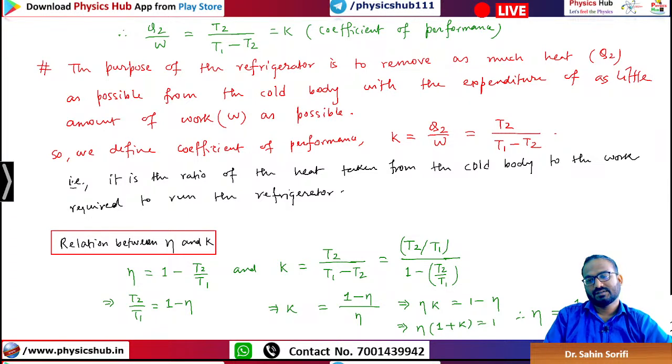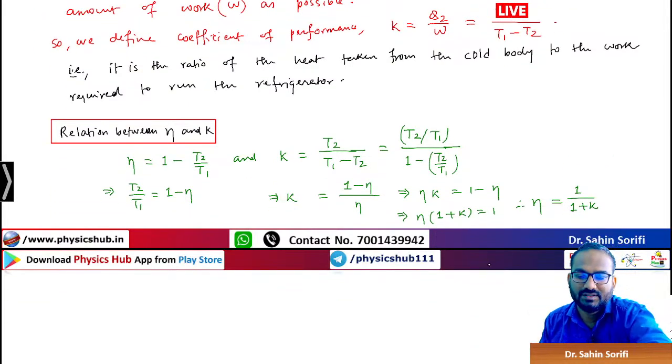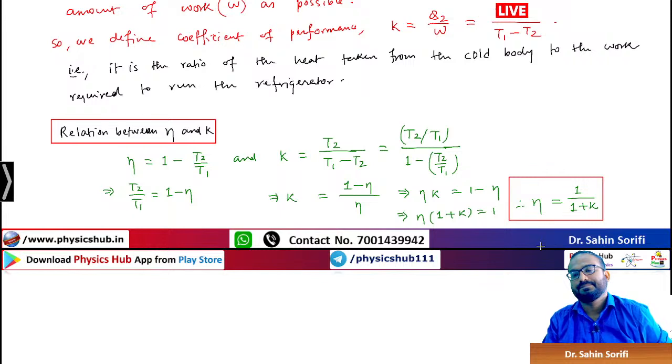And eta is equal to 1 upon 1 plus k. So which one is greater, eta or k? We cannot do that comparison, but here one thing is clear. If you forget which relation you need to know, k is equal to (1 minus eta) by eta, and eta is equal to 1 by (1 plus k).